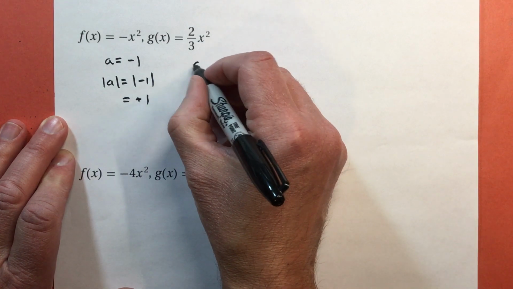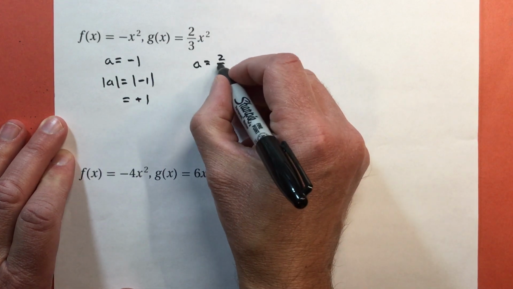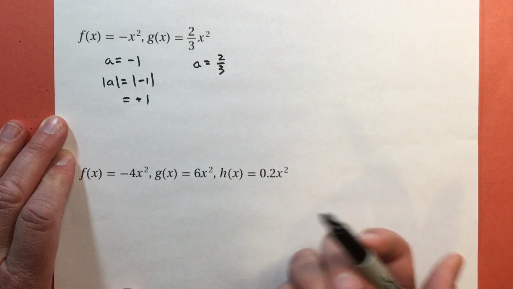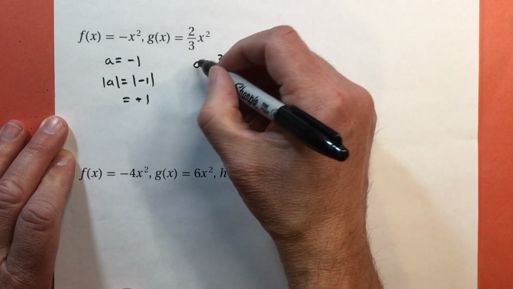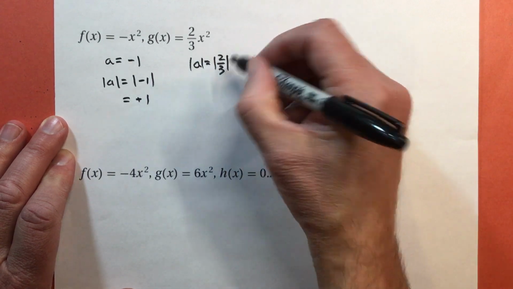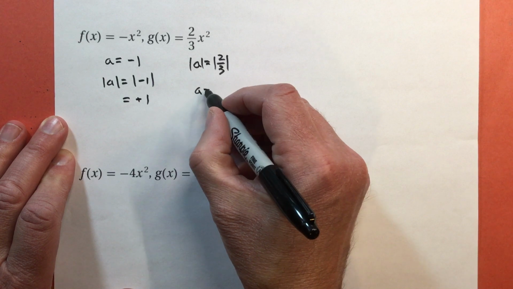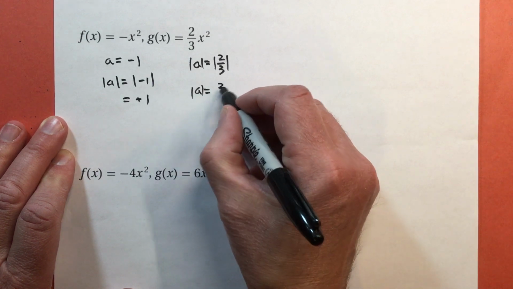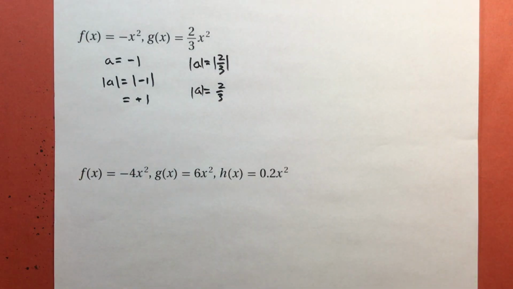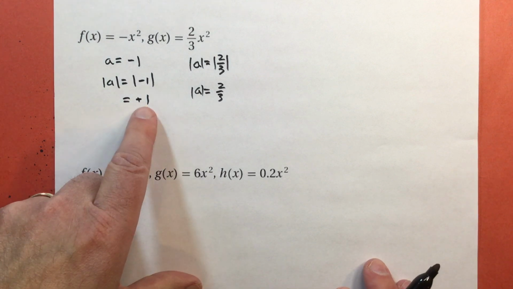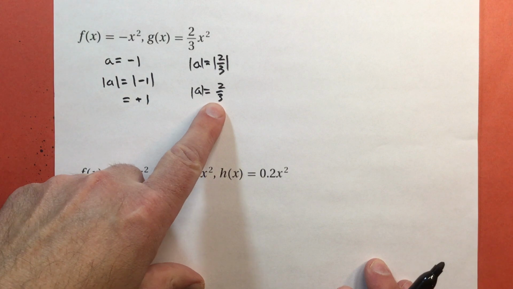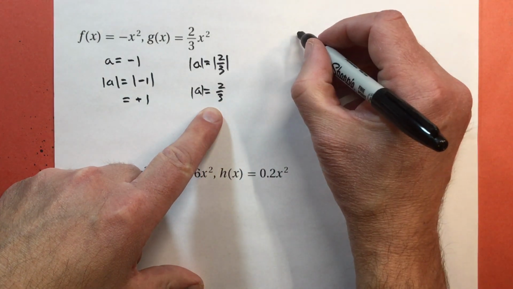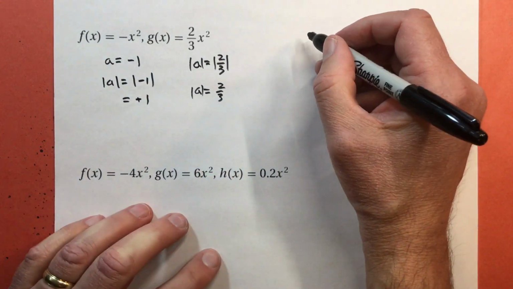For g of x, the a is 2/3. And of course, I want the absolute value of that, so I can go ahead and write it, but I'm just going to end up with the same thing. The absolute value of a is just going to be 2/3. So which one of these is the biggest number? Since 1 is bigger than 2/3, I gotta double check the question.